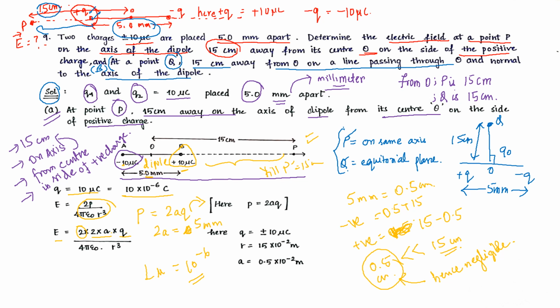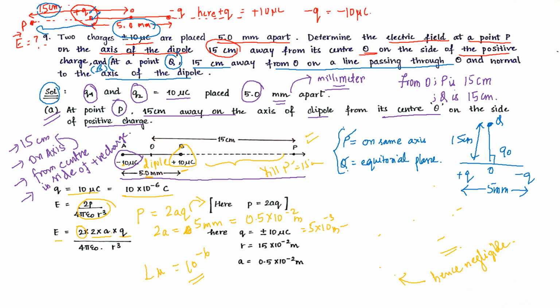That 5 mm will be converted into centimeters and then to meters, and it will come around 0.5 into 10 to the power minus 2 meter, or simply you can write it as 5 into 10 to the power minus 3 meter. So now substituting all these values, we will try to find out the electric field at P.